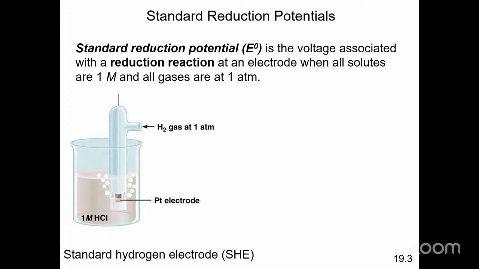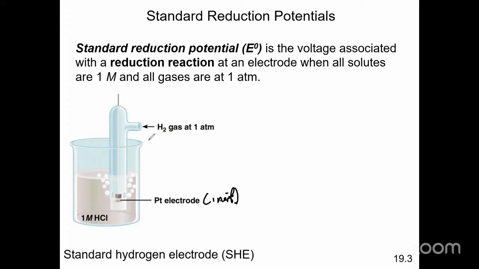And basically it consists of an acidic solution right here, and you have a platinum electrode. Now, this electrode here is an inert electrode, all right? So it's not going to react. So let me just put inert here, all right? So it's not going to participate in any reaction. Basically, it allows electric current to pass through, right?